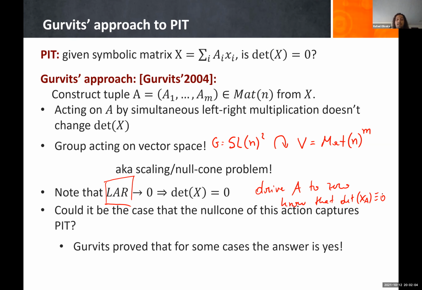Okay, and then Gurvitz asked this question: could it be the case that the null cone of this action actually captures the whole of PIT? And Gurvitz actually proved that in some cases the answer is yes.